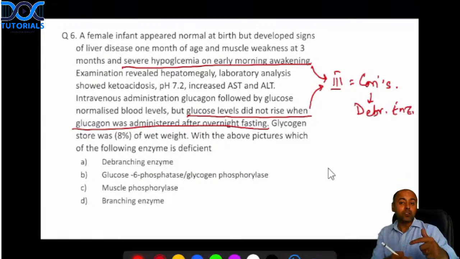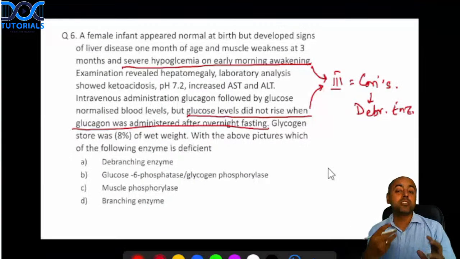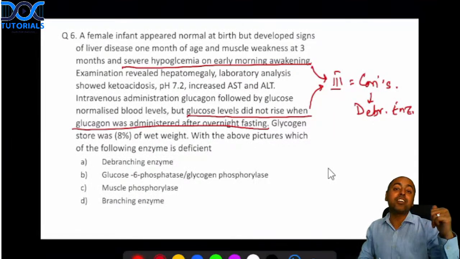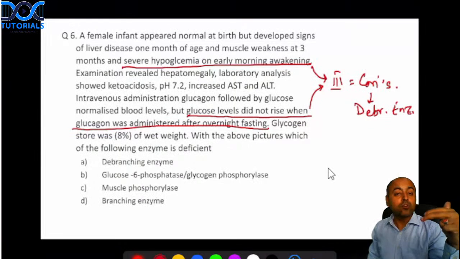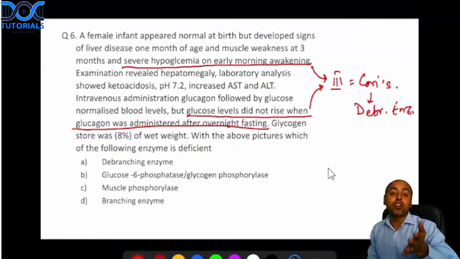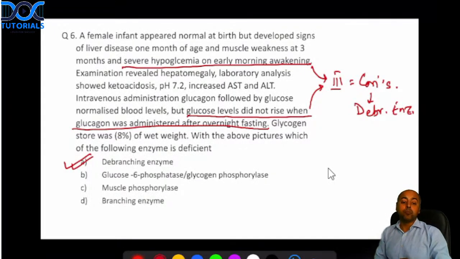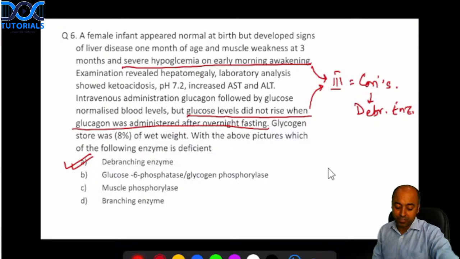So you can see a similar question, but the clinical presentation is described differently and the options are also different. Previously we had to make the diagnosis. Here, after making the diagnosis, you have to tell the enzyme which is deficient. In this case it will be the debranching enzyme.